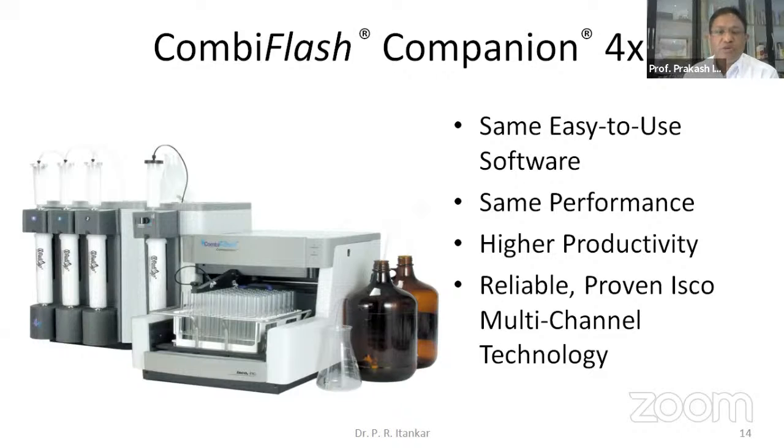The best part is that it has the same performance, higher productivity, it is reliable, and it also has multi-channel technology. So if you have more than 33 grams of your compound, and you wish to isolate your constituent with a better yield, or at one go for a higher volume, you can parallelly have multi-channel columns and sample loading.